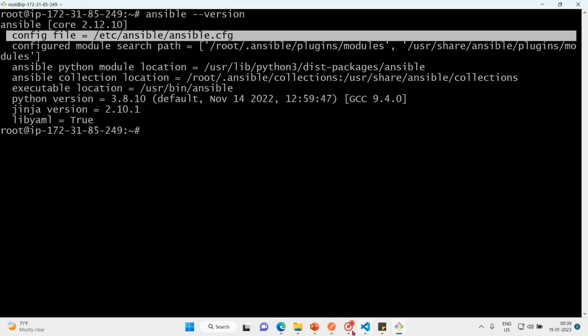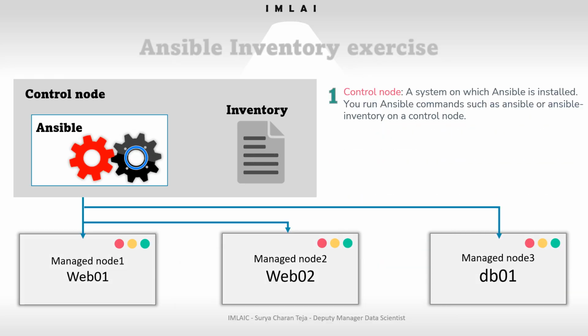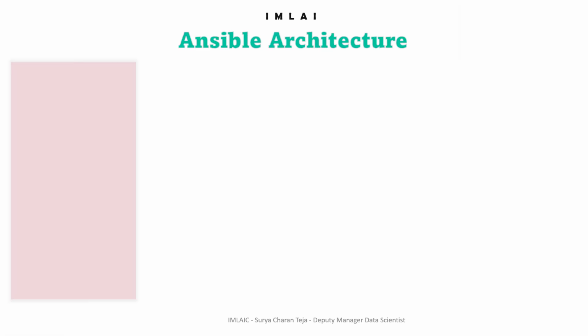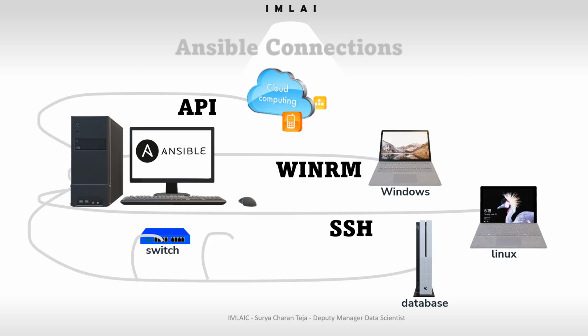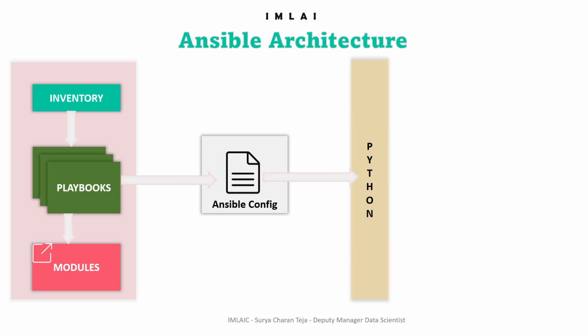In one of our slides we have mentioned Ansible configuration, right? I think in the architecture we have mentioned. Yeah, this part is the Ansible config. This helps the conversion into the Python script.